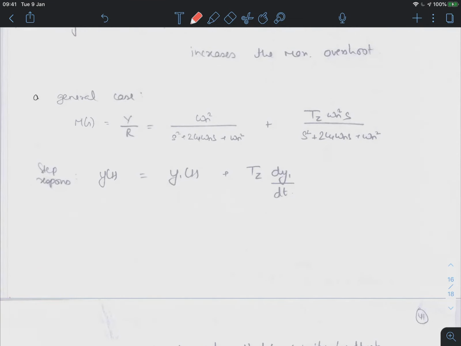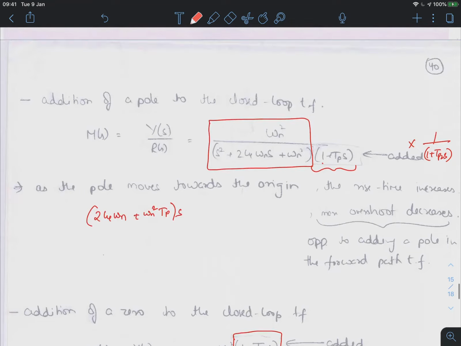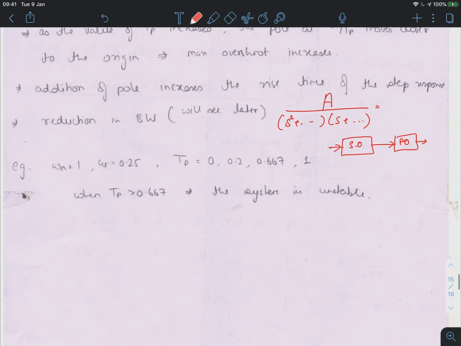Okay, so you can analyze this by doing both types of analysis, qualitative and quantitative. First of all, I suggest you consider this example, where I have specified omega n and xi as 1 and 0.25.